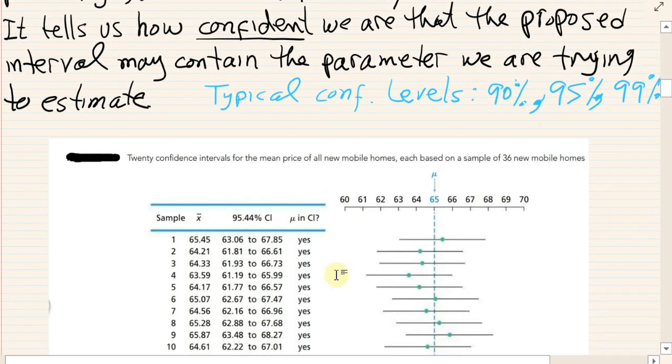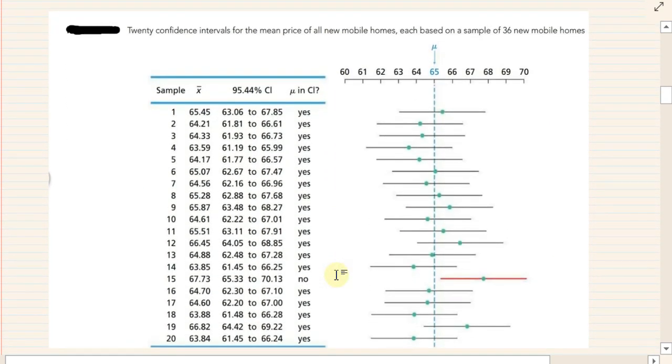Now, I'm going to give you an example of how this confidence interval works. We haven't done this ourselves; I just grabbed this from another text. What this example illustrates is the following. We're trying to estimate mu, the population mean, which is the average selling price of a new mobile home.